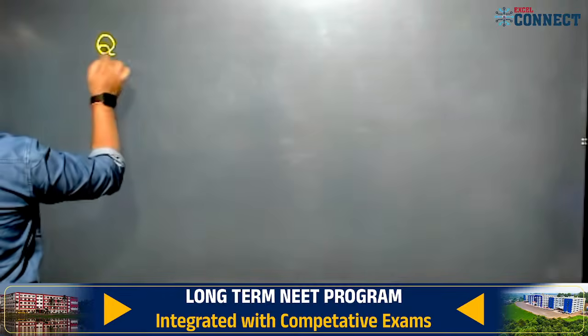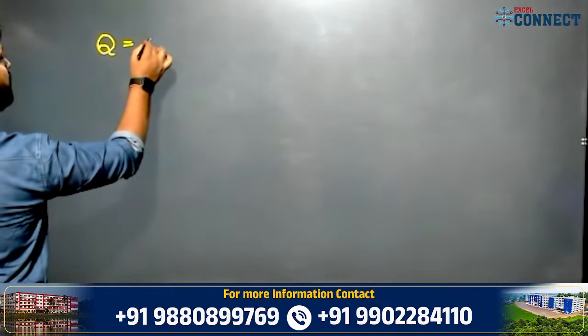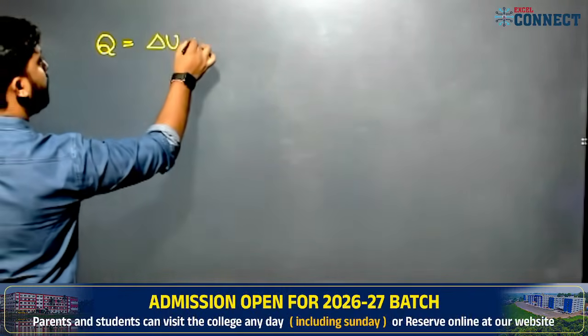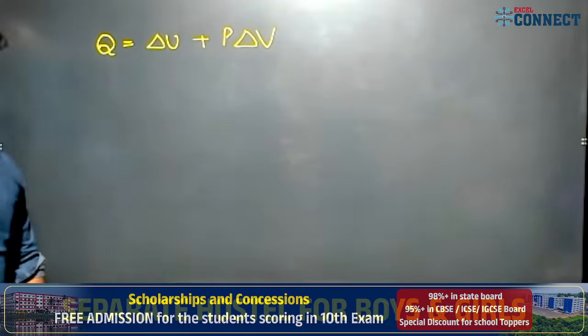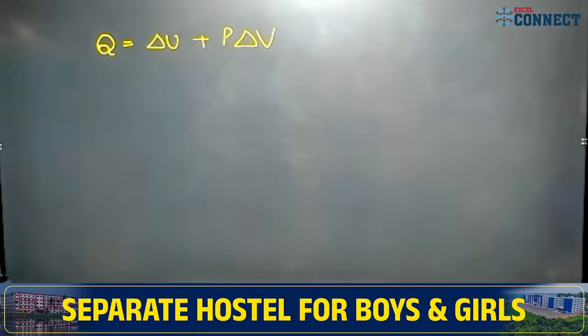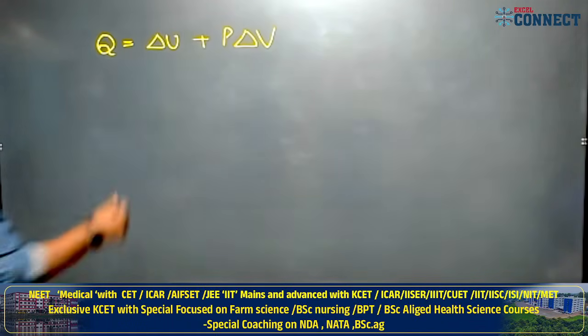Q is equal to delta U plus P delta V. This is one formula. You have to check whether this is dimensionally correct.